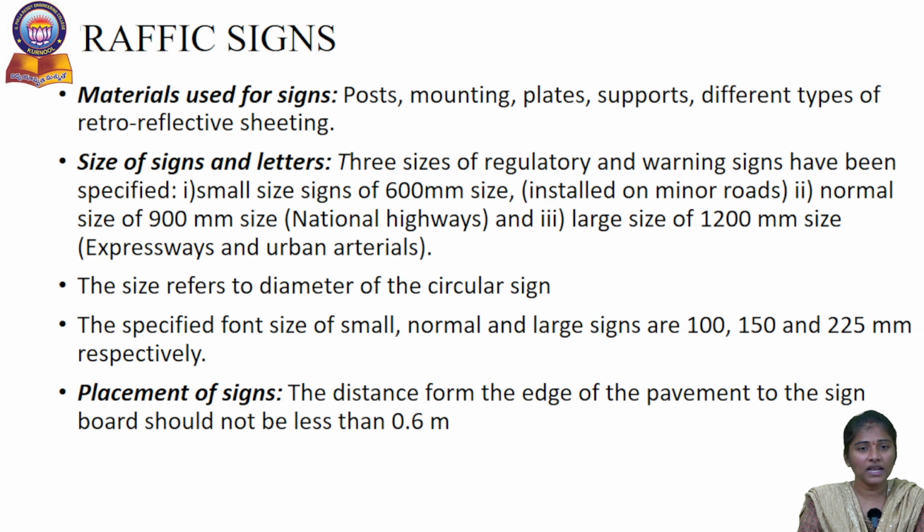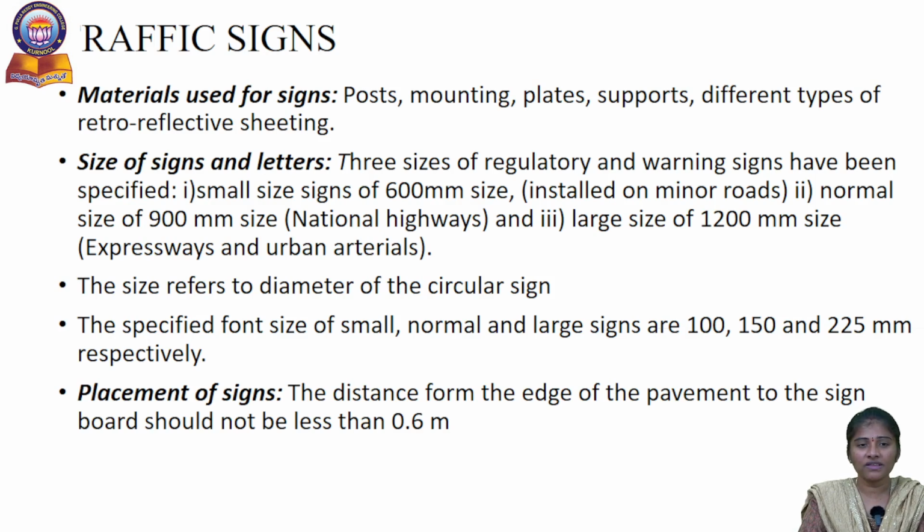The materials which we use in general for the signboards are post, mounting plates, supports and different types of retro-reflective sheetings. For the size of signs and letters, three sizes of regulatory and warning signs have been specified. First, a small size sign of 600 mm which is installed on minor roads.